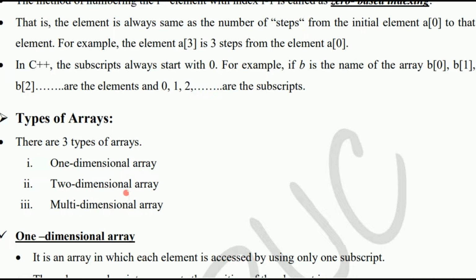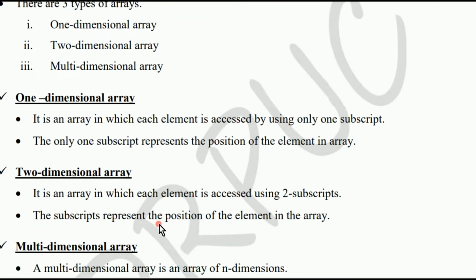Then the two-dimensional array is an array name with two sides, maybe A of 10, 10. Multi-dimensional, if there are more than two dimensions for one array, we call it a multi-dimensional array. First we will see the one-dimensional array.